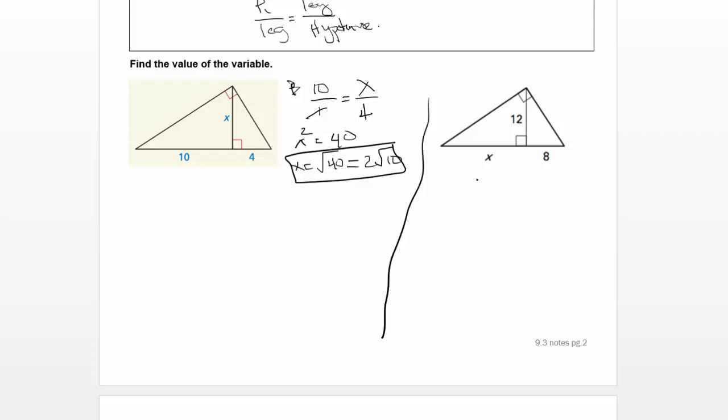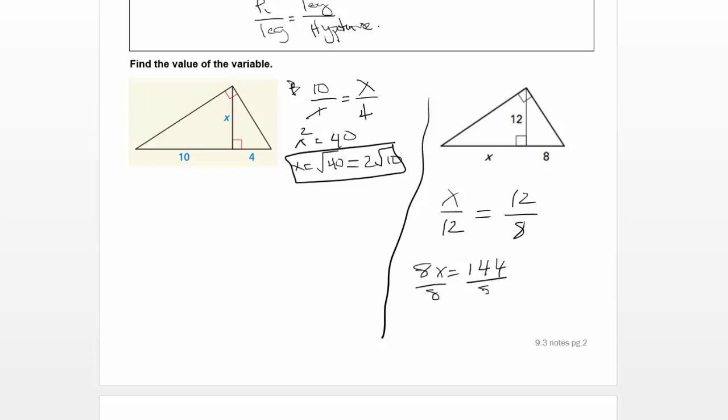In the same fashion, I have another right triangle that's got an altitude drawn in, and I know something about the altitude and the two parts of this hypotenuse. So I think part compared to altitude is altitude compared to part. Cross multiplying, I get 8x is equal to 12 times 12, which is 144.